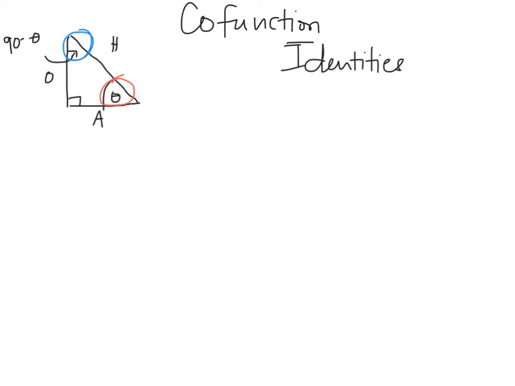So for example, if theta is 40, then 90 minus theta would just be 50, right? So let's say we want to use these numbers. And I'm just going to call these sides something else. So let's go with C, B, A.